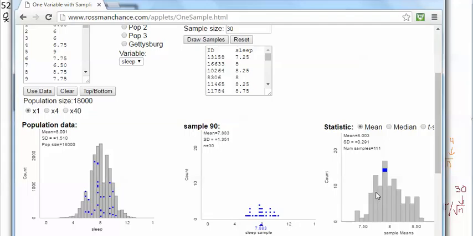So you could imagine that each of these building blocks contains 30 people inside of it, and it's stacked above the mean of that sample of 30 people. So these 30 people in this box have a mean of about 7. 30 people in this box have a mean of about 8.4.